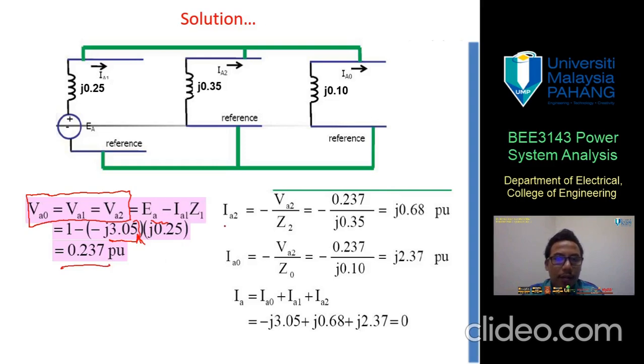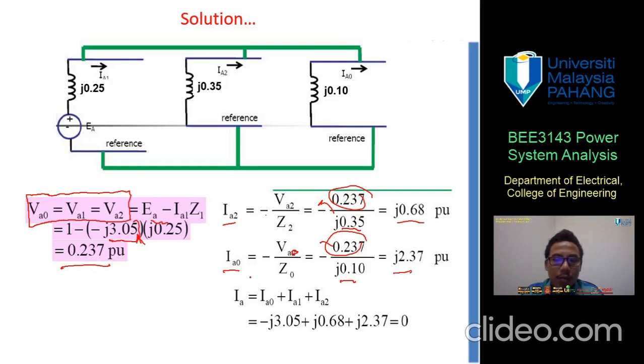Then we need to solve IA2 and IA0, where IA2 equals minus VA2 over Z2, and IA0 equals minus VA0 over Z0. VA2 and VA0 have the same value, 0.237. Put in their own Z values and you get IA2 of j0.68 and IA0 equal to j2.37.